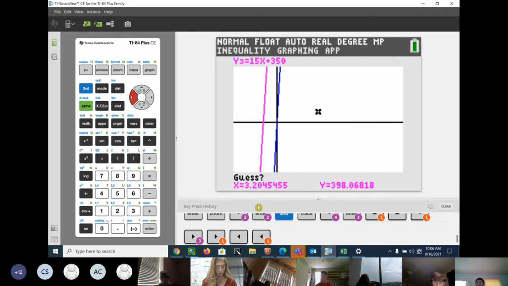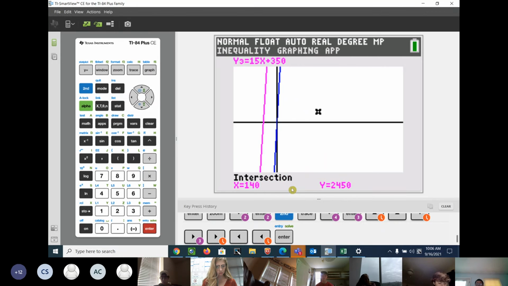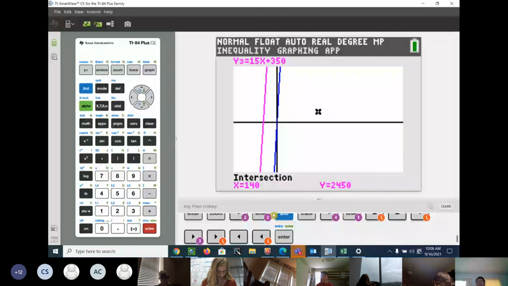All right, I'm just going to hit enter because it's taking forever. So, yeah, there is an intersection point. It looked like they're parallel, but up here they're starting to converge on each other. So I'm going to set them equal to each other, and let's see what that looks like.